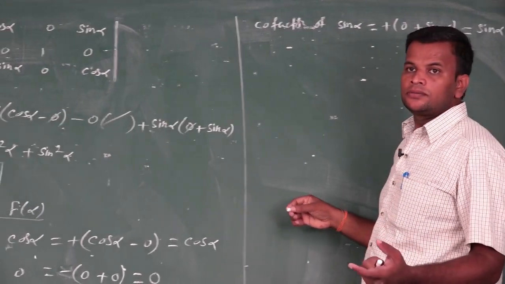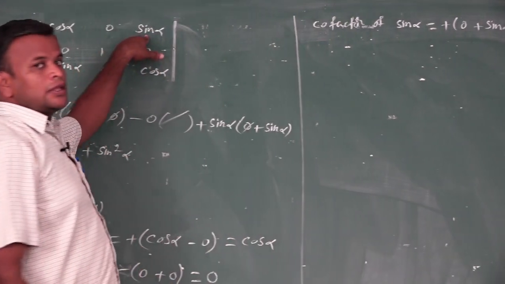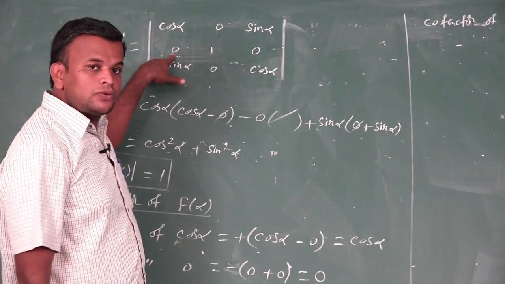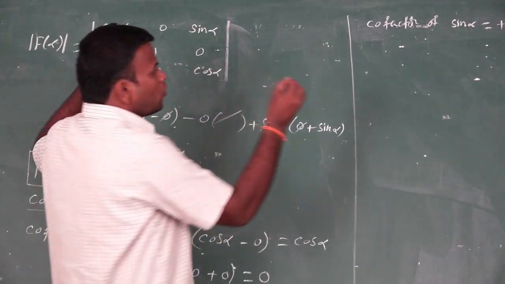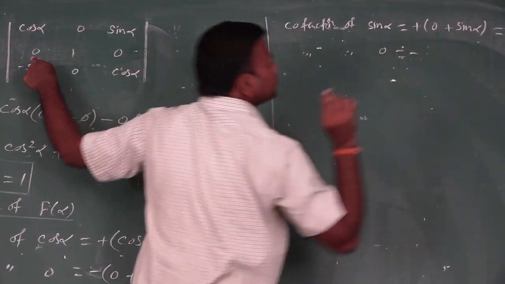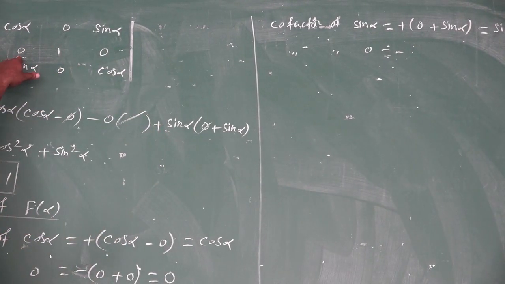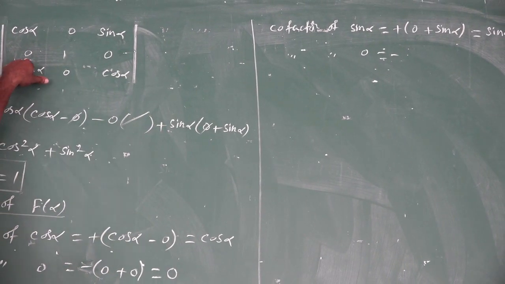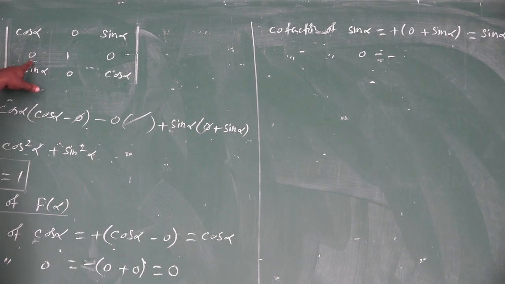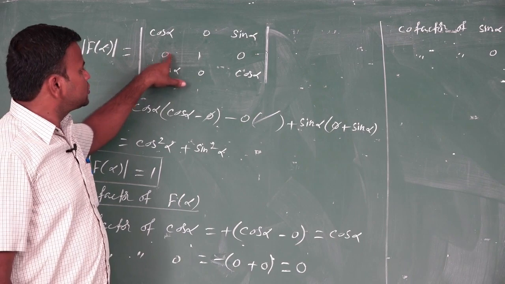The next one, after sin alpha, the next element is 0. So we write cofactor of 0. The symbol or sign of the number 0 is minus. So I put minus. Now we leave the 0 occurring row and column. It occurs in the first column, second row.